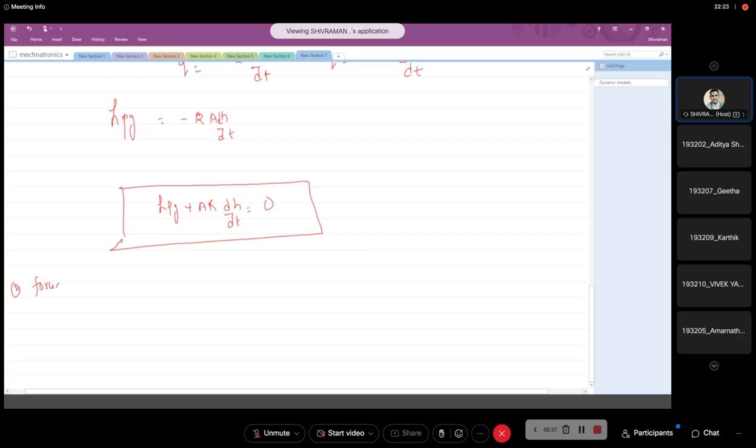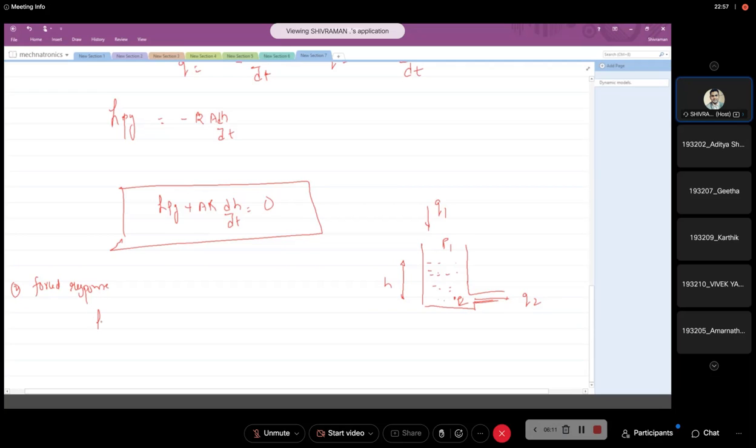Now you have forced response. In forced response, you are forcing the water into the tank. So you are supplying liquid at a discharge rate of Q1 in order to maintain the water level, but due to the hole, the water is coming out at a discharge rate of Q2. You have pressures P1, P2, and the differential height is H. This we have done in our previous class in hydraulic system model.